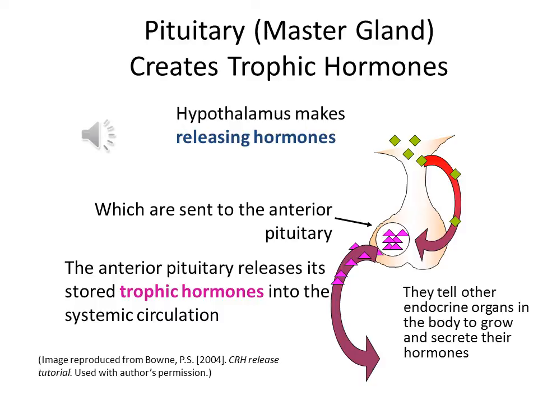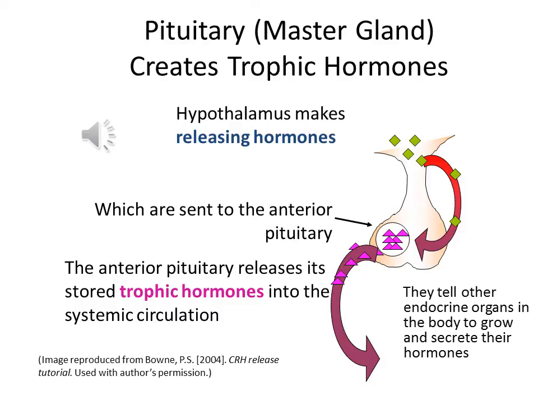The anterior pituitary hormones, remember, are TSH, which is your thyroid stimulating hormone, your FSH, which is your follicle stimulating hormone, your LH, which is your luteinizing hormone, prolactin, GH, which is your growth hormone, and ACTH, which is your adrenocorticotropic hormone.